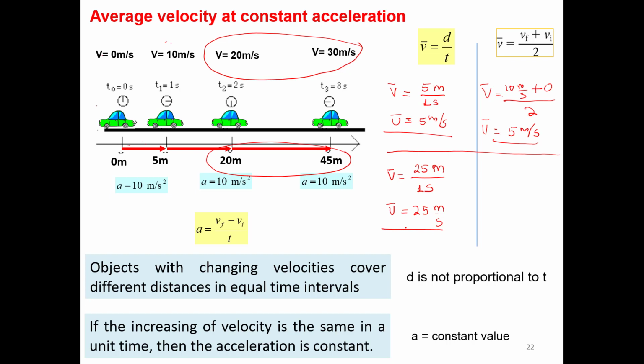And let's try to calculate using the initial and the final velocity. This will be the initial, this will be the final, then it will be 30 meters per second plus 20 meters per second divided by 2. 30 plus 20 is 50, and 50 divided by 2 is 25 meters per second.